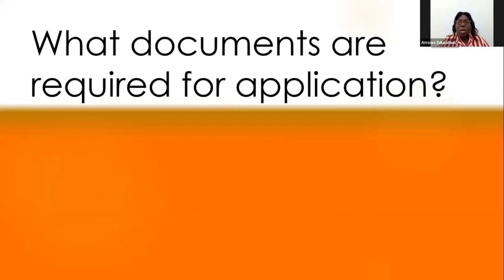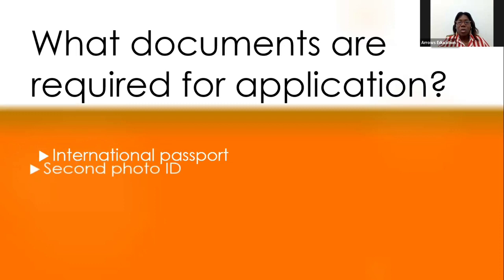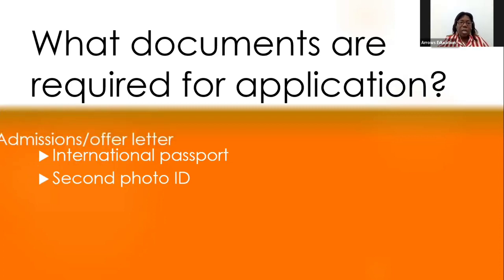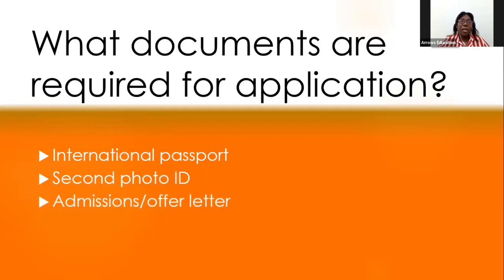And then what documents are required for the application? Number one is your international passport. You need a second photo ID, which means apart from international passport, maybe your driver's license or any other photo ID, you will need that. And then your admission or offer letter is required for the loan application. You need your certificates and transcripts.